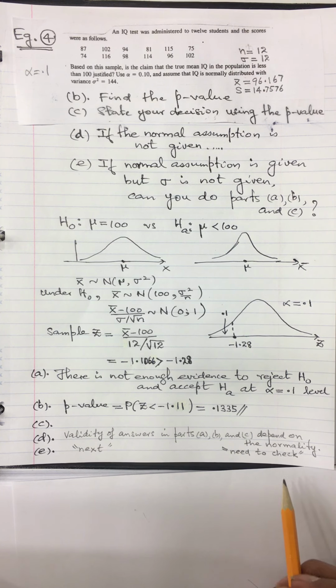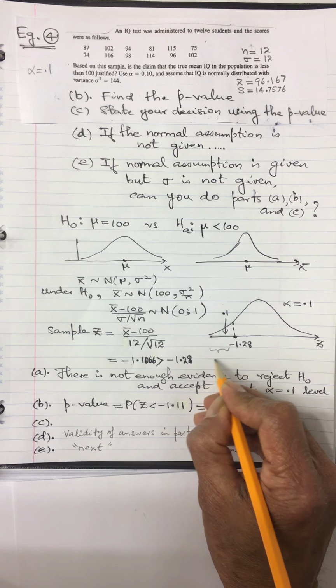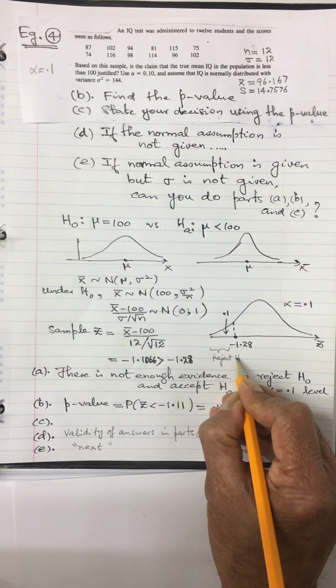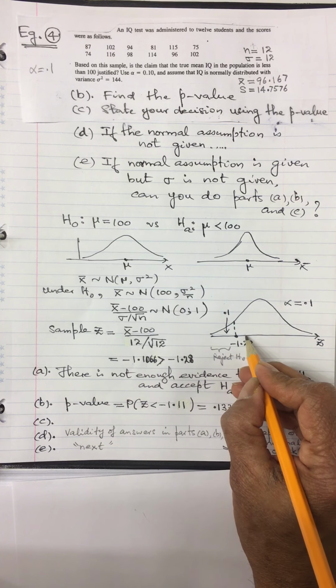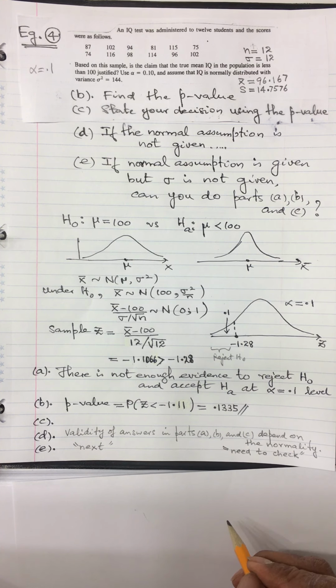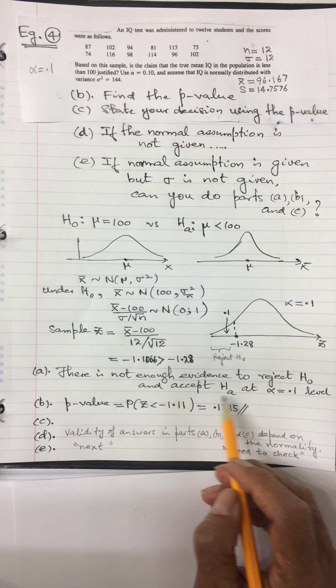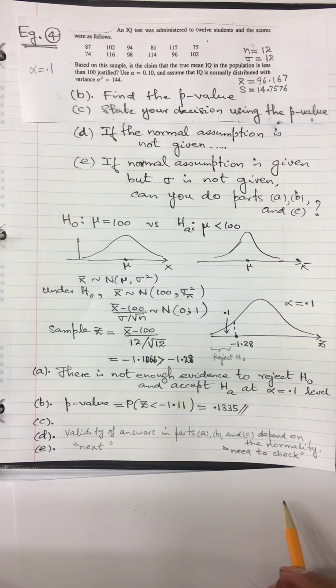So this is the rejection region, reject H naught, and you cannot reject H naught in this region. Here this falls into the non-rejection region. Therefore there's not enough evidence to reject H naught and accept HA at alpha equal 0.1 level.